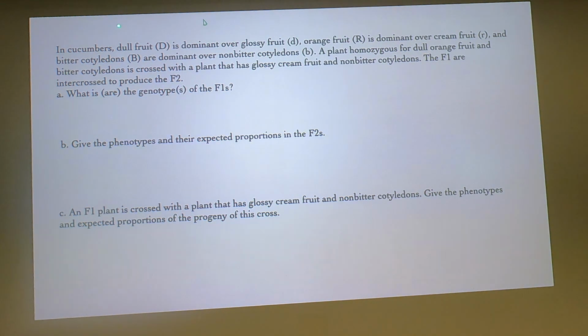We have cucumbers: dull fruit is dominant to glossy fruit, orange fruit is dominant to cream fruit, and bitter cotyledons are dominant over non-bitter cotyledons. We have a plant homozygous for dull orange fruit and bitter cotyledons crossed with one that has glossy cream fruit and non-bitter cotyledons. You just read that smear of English and it runs right past you, doesn't it?